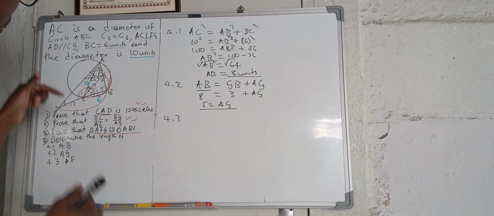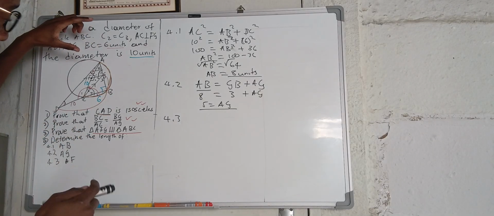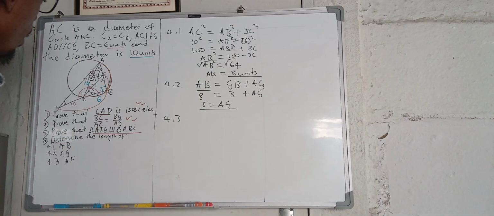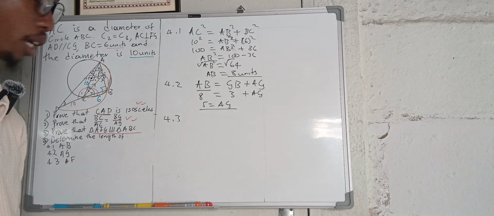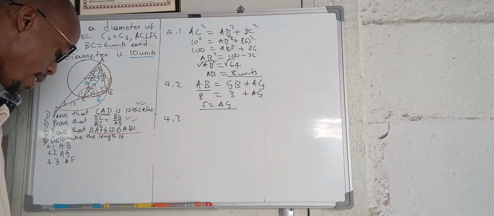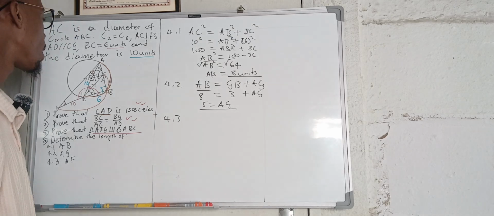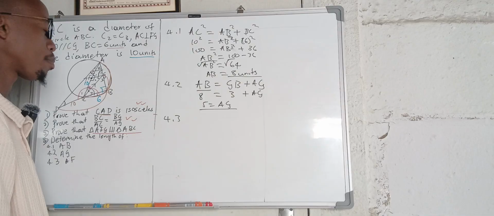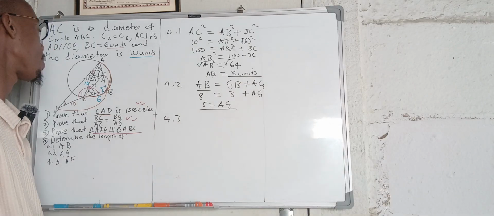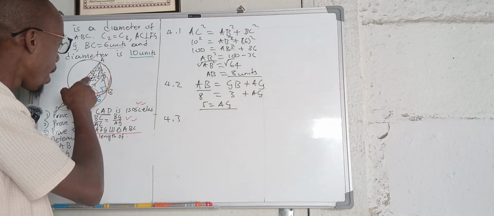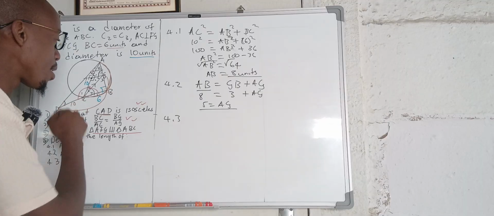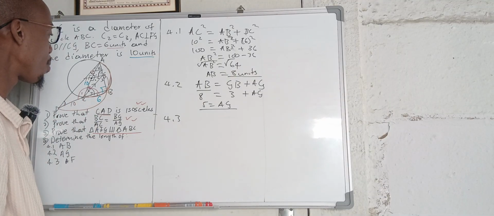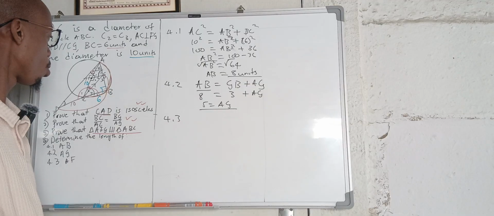Let's check for AF. So remember something. We are told that AC is a diameter. And if AC is a diameter, remember that a diameter is made by radii. So we'll be saying AF is basically equal to FC. If AF is equal to FC, that simply means we divide 10 by 2.